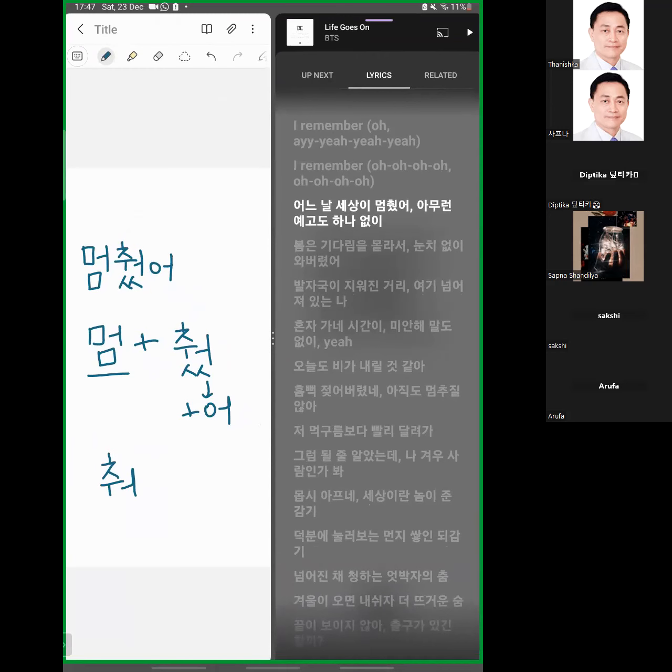Yes, ma'am. So chwa, then you have this final consonant, but this sound will shift to the next vowel.